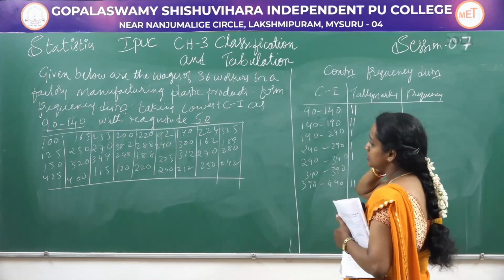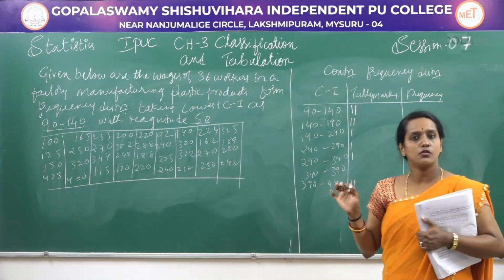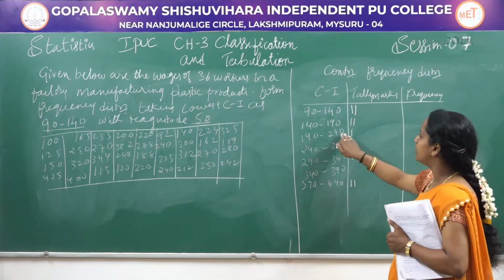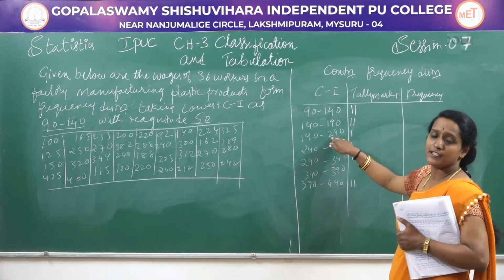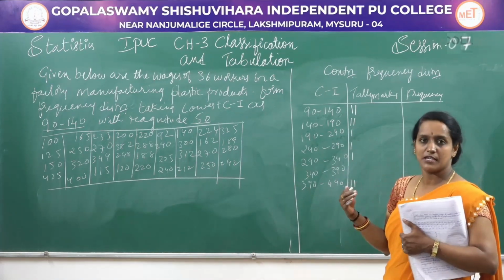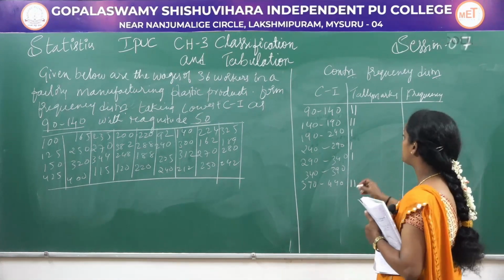While you are putting the tally marks, please observe the numbers. 235 will come in 190 to 240. 235 is less than 240, so it will come here. While carrying the tally marks, please be careful. After 235 it is 270.